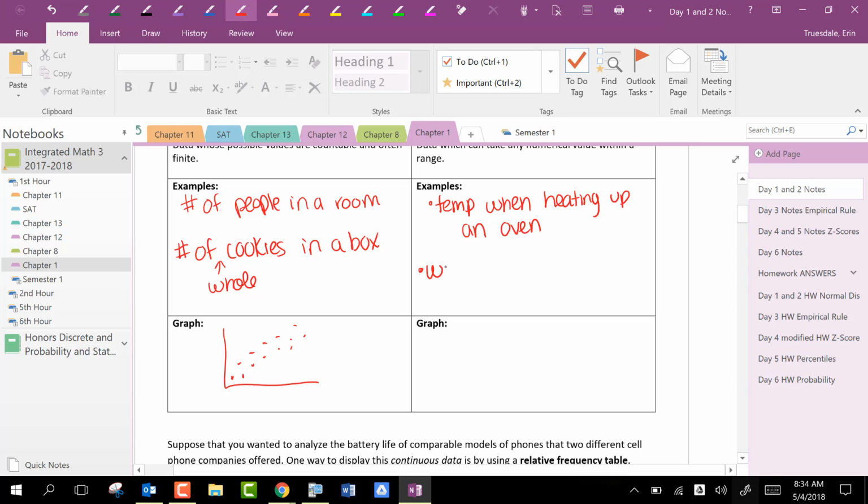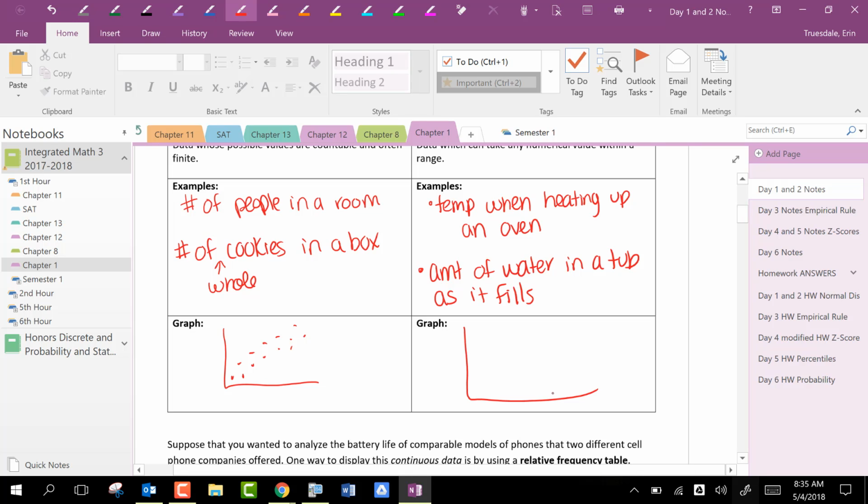How about the amount of water in a tub as it fills? Okay, it doesn't just jump from, oh, you have 1 foot of water to, oh, now you have 2 feet. It's that whole part in between the 1 and the 2. Okay, and so that's called continuous.